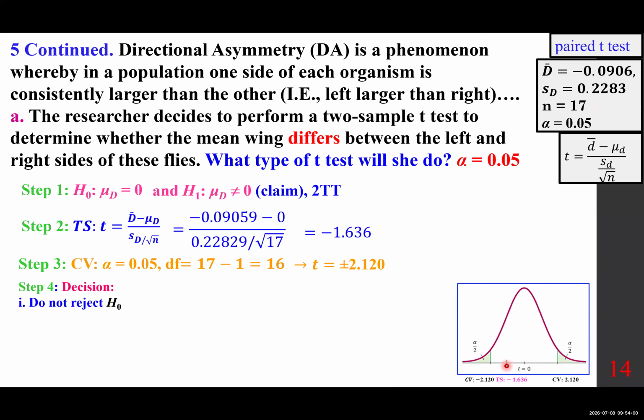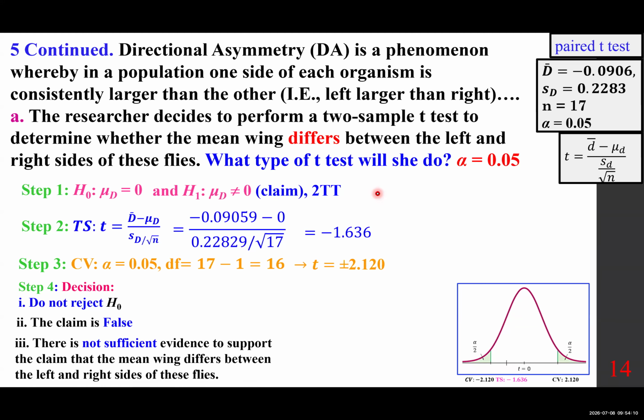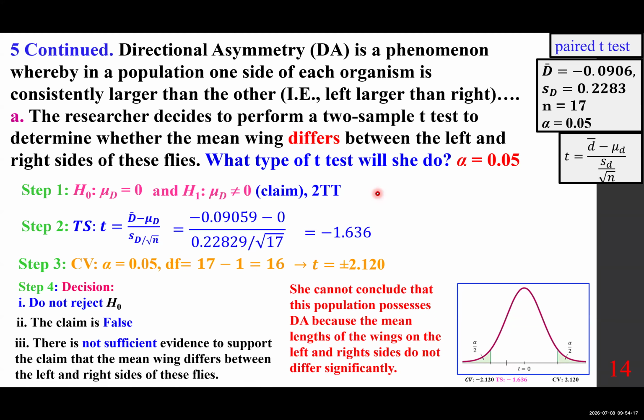Fail to reject H0, or do not reject H0. So if we are not rejecting H0, the claim is false. There is not sufficient evidence to support the claim that the mean wing length differs between the left and right sides of these flies. She cannot conclude that this population possesses DA because the mean length of the wings on the left and right sides do not differ significantly.